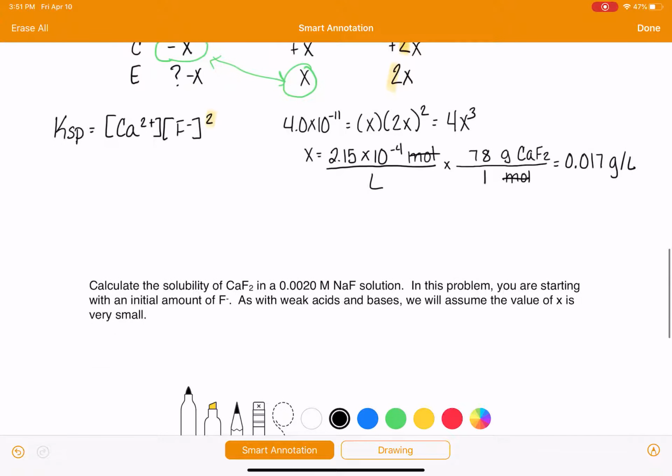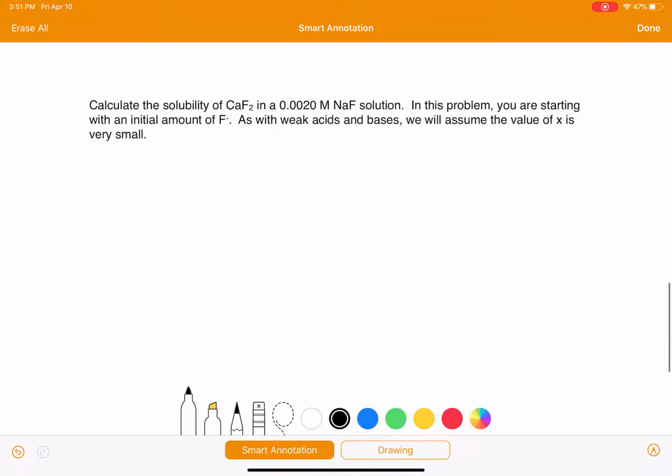So let's take a look at what's next on the problem. Now it says to calculate the solubility of the same compound in a solution of sodium fluoride. And so we're going to do a recalculation this time. Now this is a problem that we haven't done anything like this before. All that we've done is talked about how the sodium fluoride would affect the solubility. So we're still going to use an ice table.